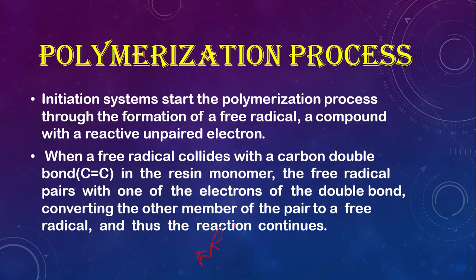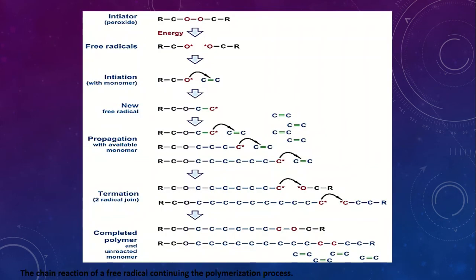The generation of the free radical will depend on whether it is a light-activated system, heat-activated system, UV light or chemically cured system. So this is a chart describing the polymerization process. Here you can see that we have the initial monomer, and the free radicals react with the initial monomer, and chain propagation is initiated.